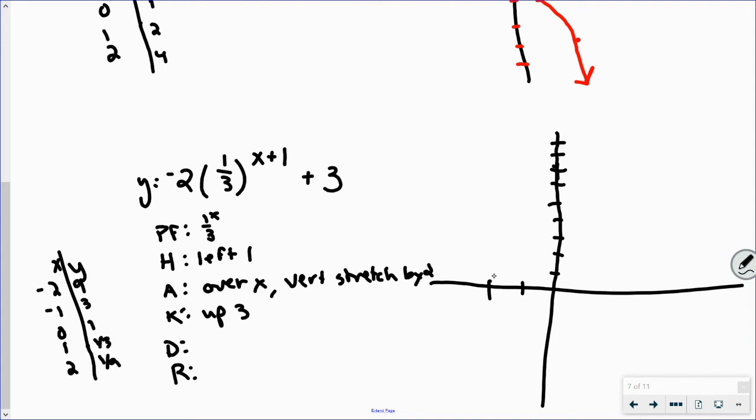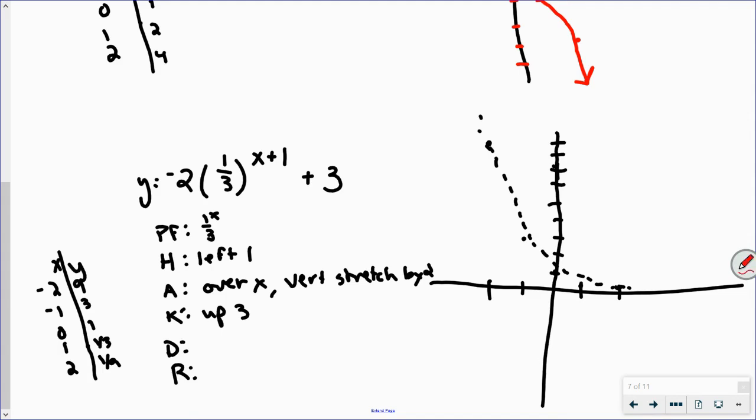So I'm at negative 2, 9. So here, and then negative 1, 3, 0, 1, and then a third and a ninth. Some of those fractions are kind of hard to get placed right on your graph. Okay, so something like that.